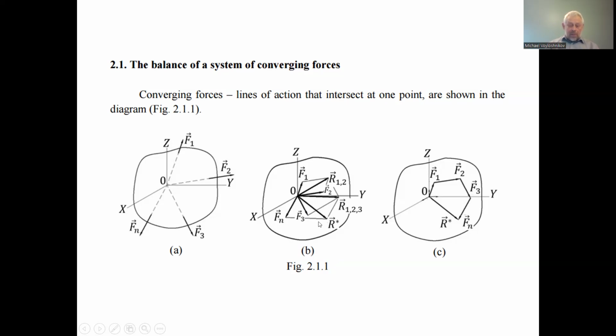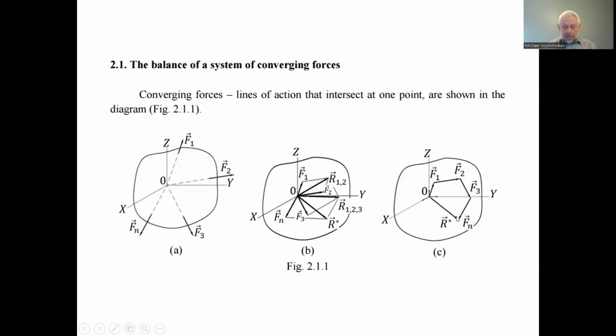We can do this, and finally we have the general resultant, R vector asterisk.